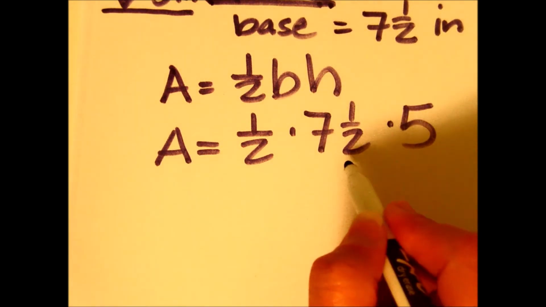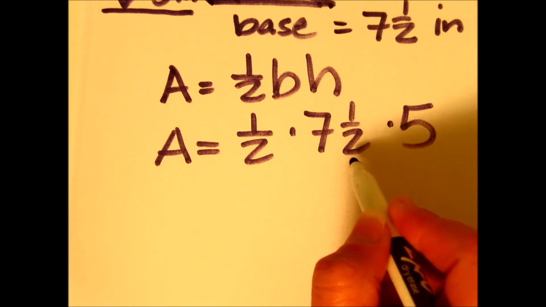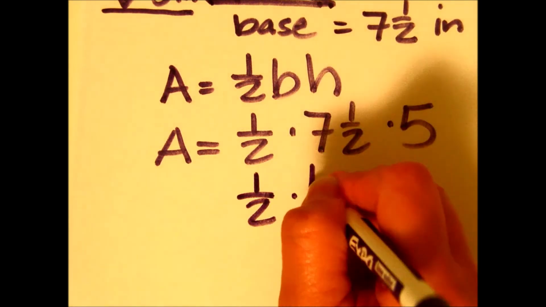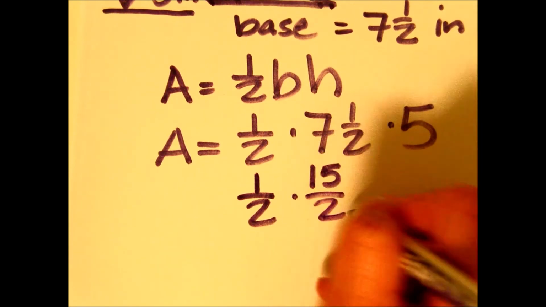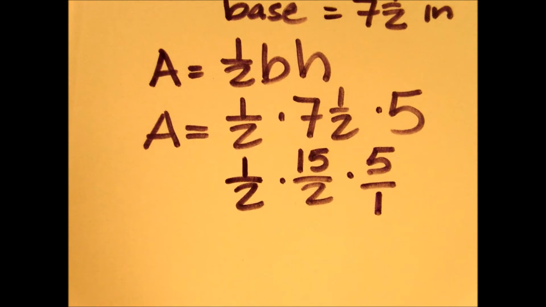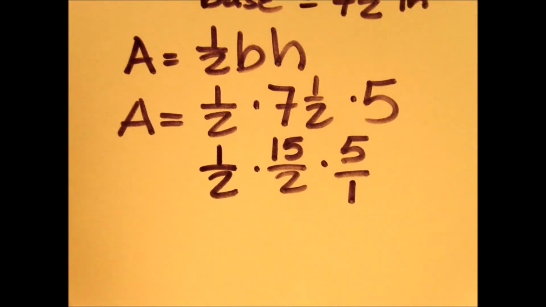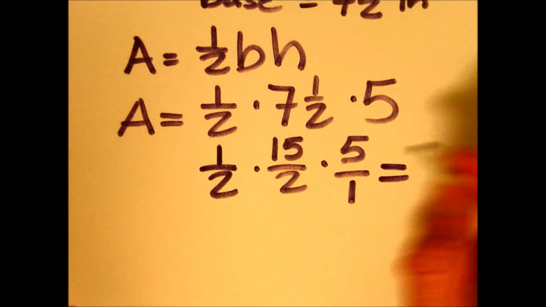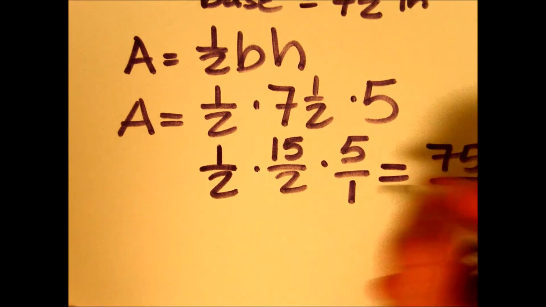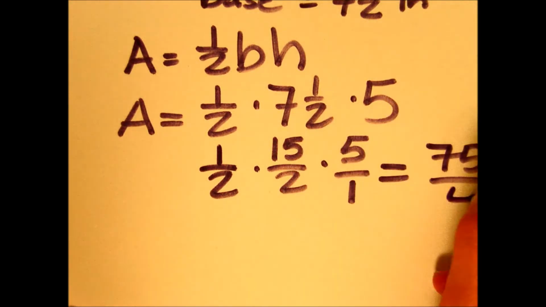We're going to change this mixed number to an improper fraction. So 1/2 times 15 halves times 5/1. It does not look like we can reduce, so we have to just multiply straight across. Now I know that 15 times 5 is 75, and 2 times 2 times 1 is 4.